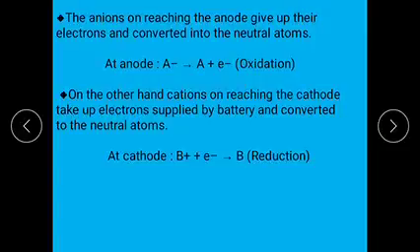On the other hand, cations reaching the cathode take up the electrons supplied by the battery and are converted to neutral atoms. When cations gain electrons, they are reduced to neutral molecules. That is, the reduction reaction takes place at the cathode and the oxidation reaction takes place at the anode.